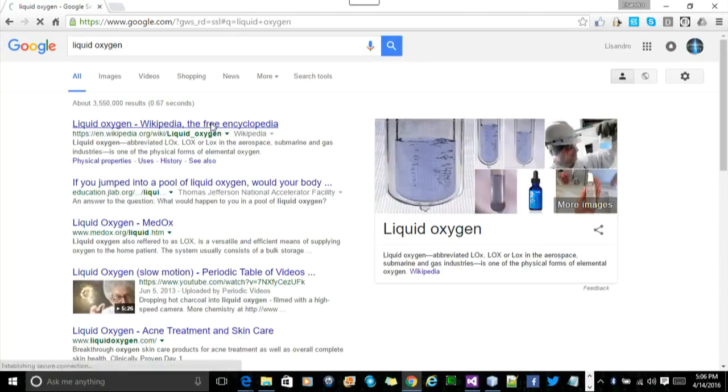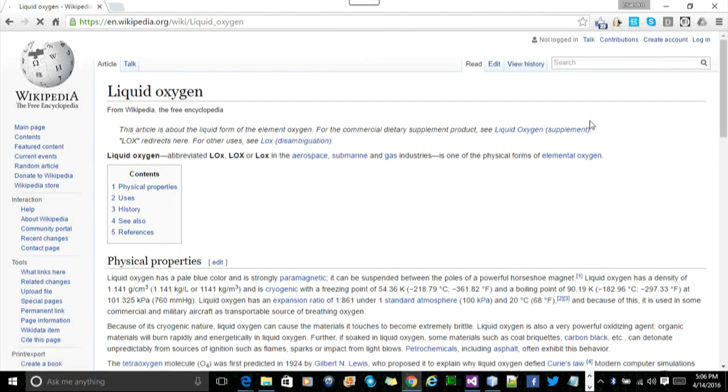Okay, so let's check out what temperature liquid oxygen condenses at. Okay, so basically, if you can see here, it condenses at negative 362.82 degrees. Oh, actually, that's the freezing point.